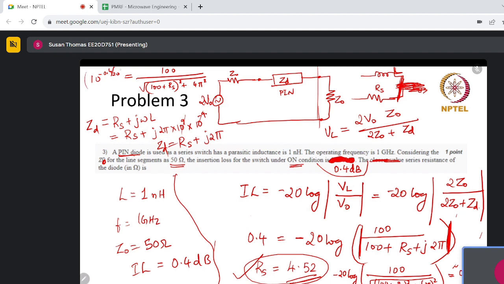If you take square on both the sides, the square root on the denominator will go. Now this equation will have r square, so it will be a quadratic equation. The final equation will be a quadratic equation with r square, r and a constant value.